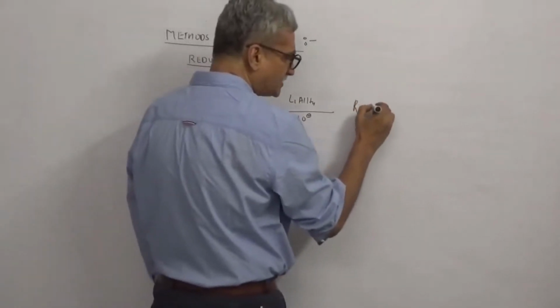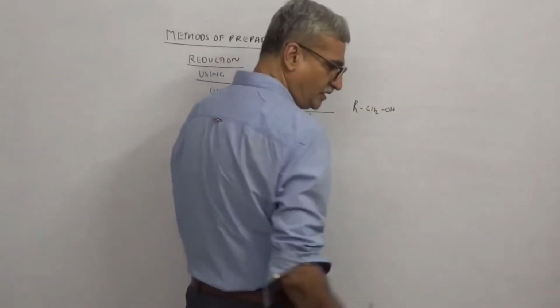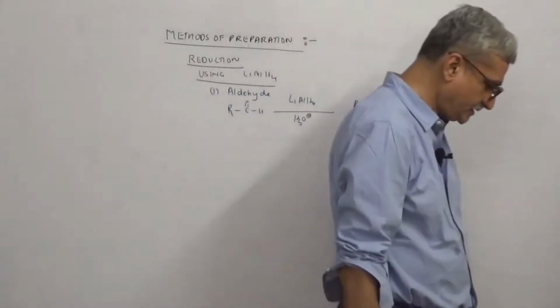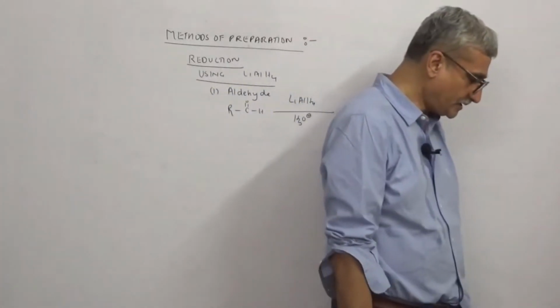You get RCH2OH. Why is this method important?